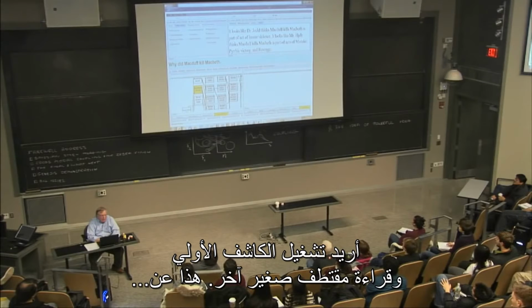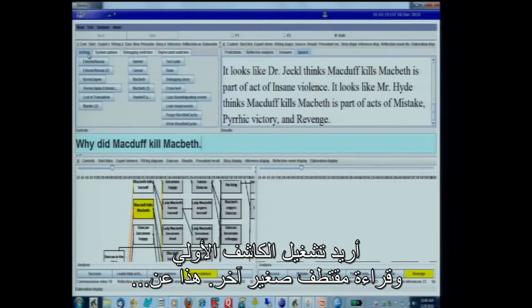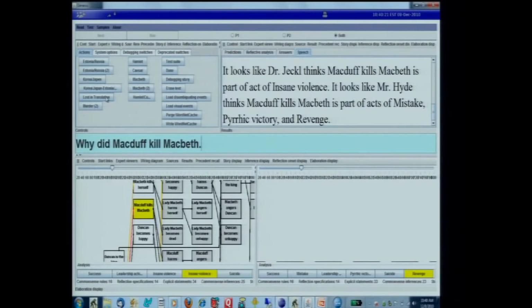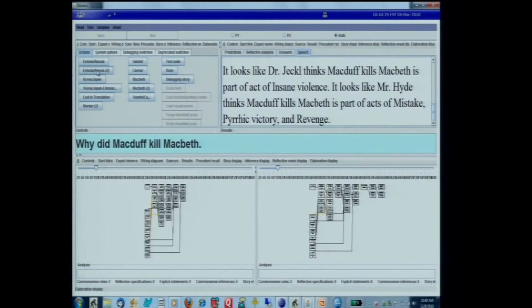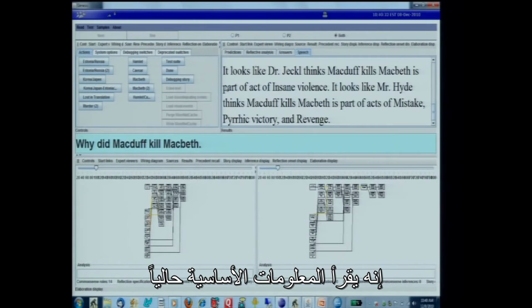I want to turn on the onset detector and read another little snippet. This one is about, what should I do? We'll do the Russia-Estonia cyber war. It's reading background knowledge right now.